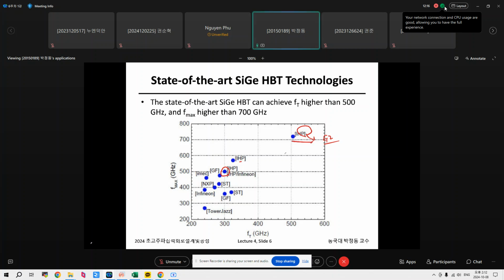For this new one, FT is higher than 500 and Fmax is higher than 700. This is a gigantic achievement, even comparable to indium phosphide HEMT.